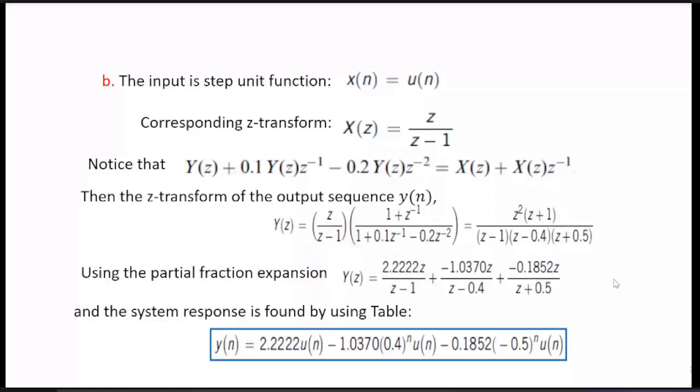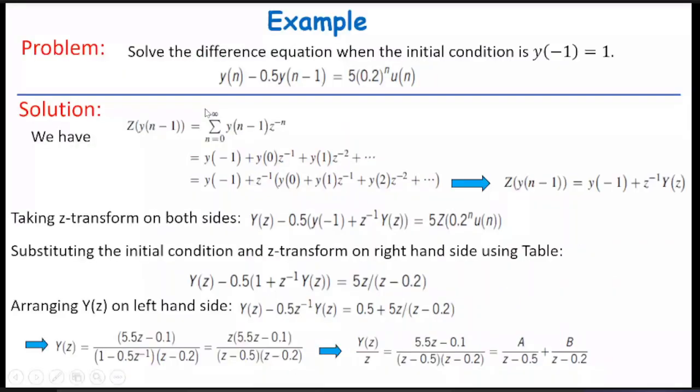Now you can see other examples, like if some initial condition is provided, say y(minus 1) is equal to 1. Then what will be the solution for this difference equation?